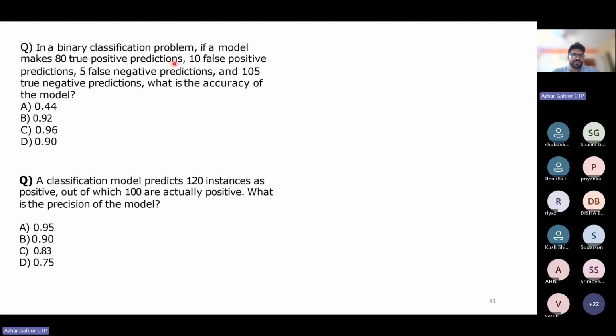So in a binary classification problem, if a model makes 80 true positive predictions, 10 false positive predictions, 5 false negative predictions, and 105 true negative predictions, what is the accuracy of the model?